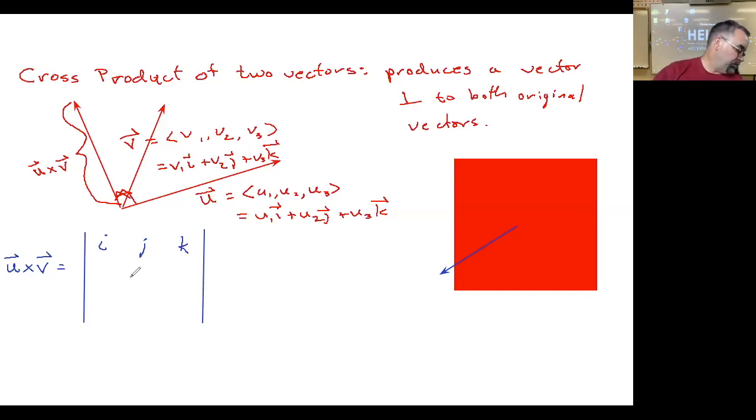And then the second row of the matrix is u1, u2, u3, and the third row, v1, v2, v3, just like that. And so by finding the determinant of this matrix, we will find a vector guaranteed to be perpendicular to the original two vectors. It's orthogonal to both.